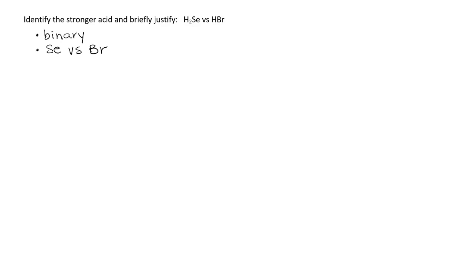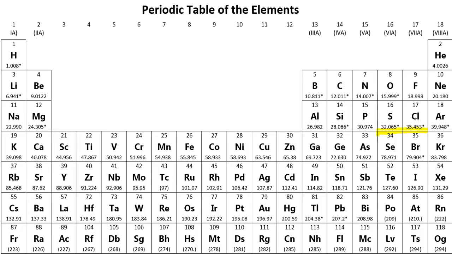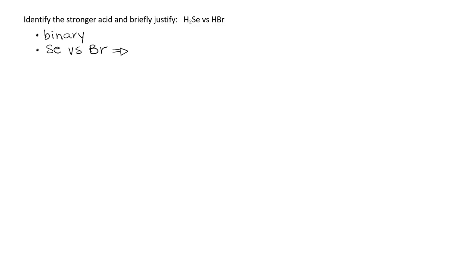So we need to take a look at the periodic table to see what our comparison is. So here we have selenium and bromine, and we see that they're part of the same row. So the trend that we're looking at is across the row. So in this example, we are comparing electronegativity.